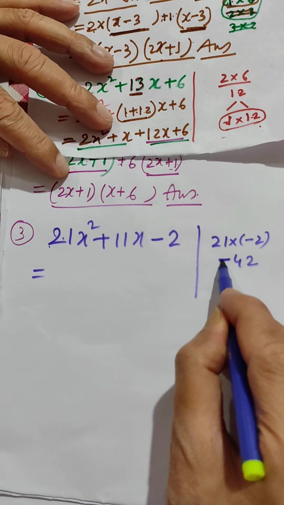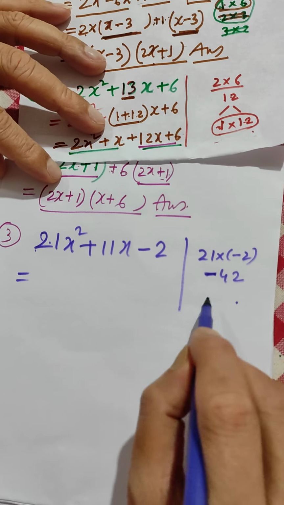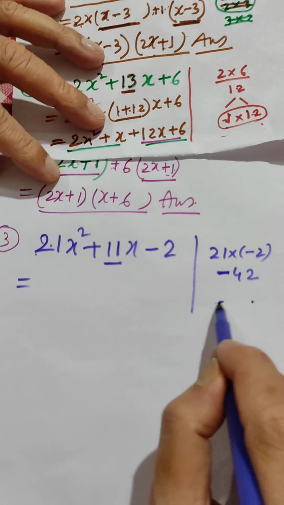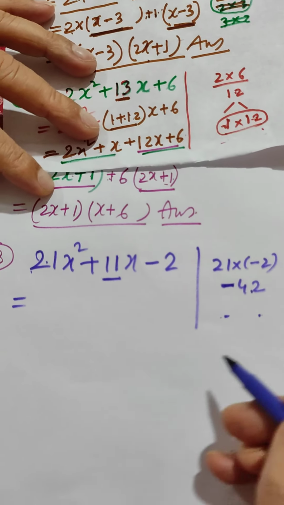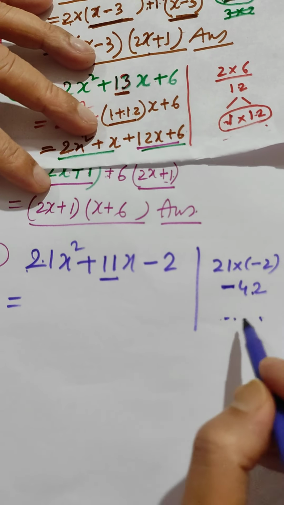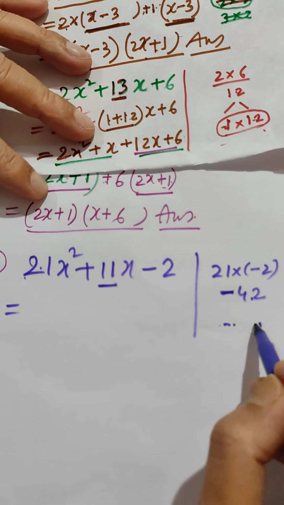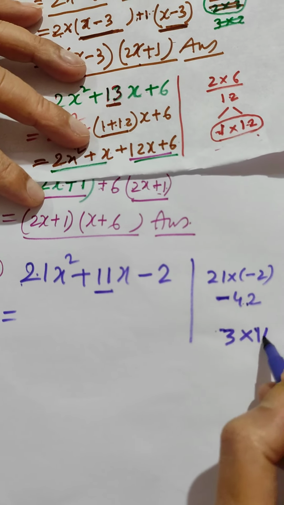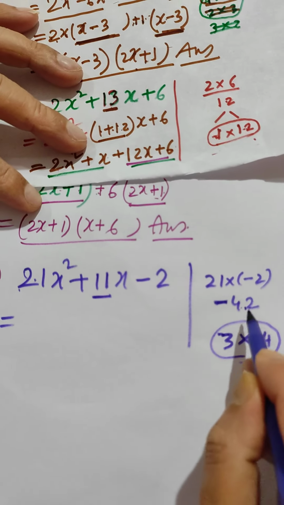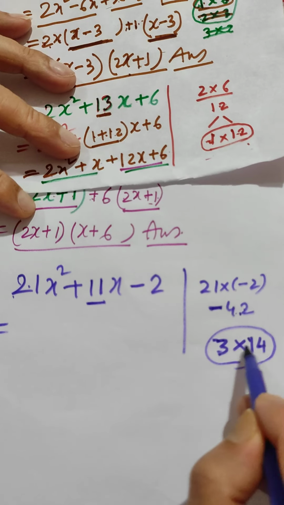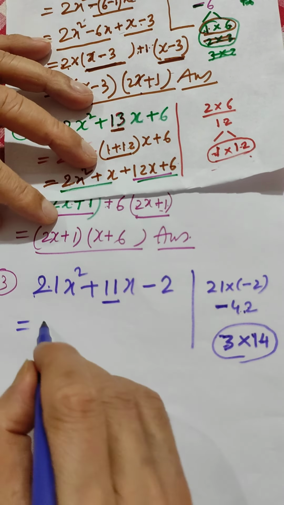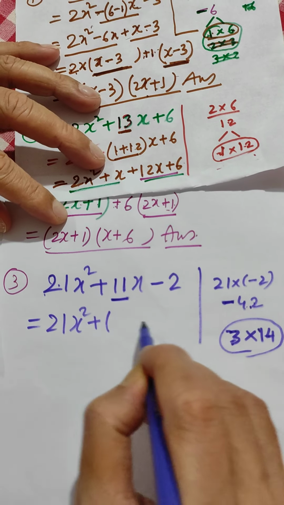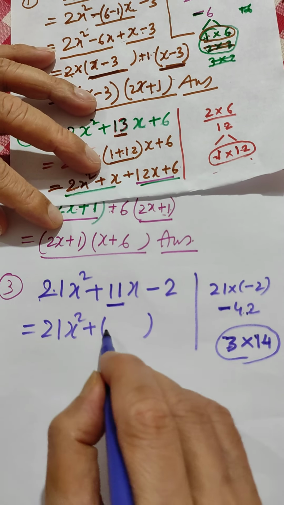Now this is a minus sign, therefore we have to choose two factors of 42 whose difference is 11. Now 1 into 42, 2 into 21, 3 into 14. So this pair we will choose. 3 into 14 is 42, and the difference between 3 and 14 is 11.